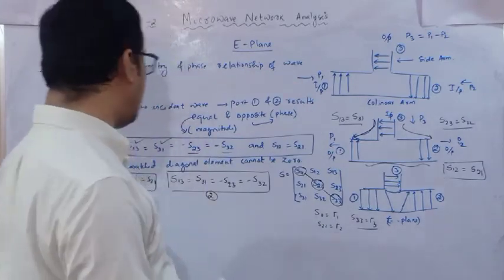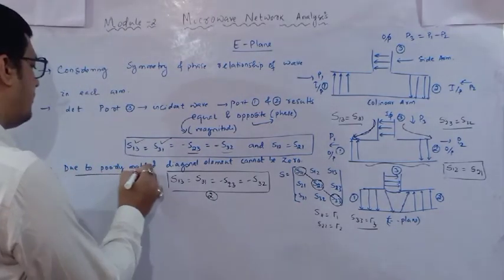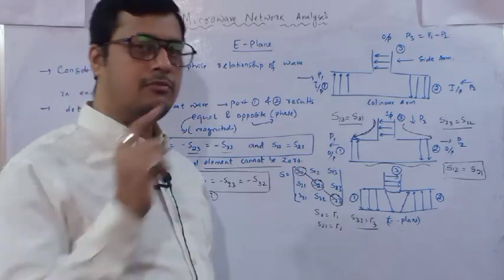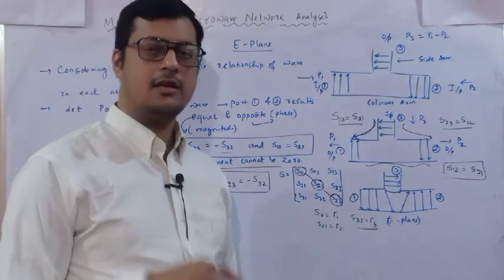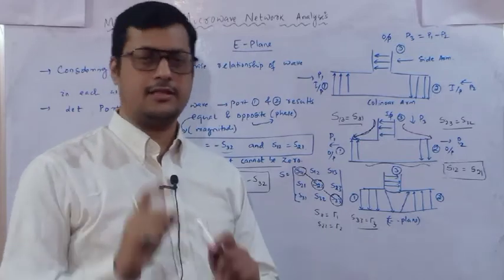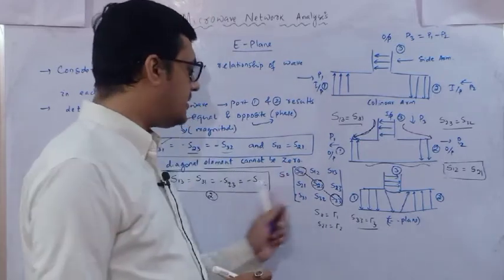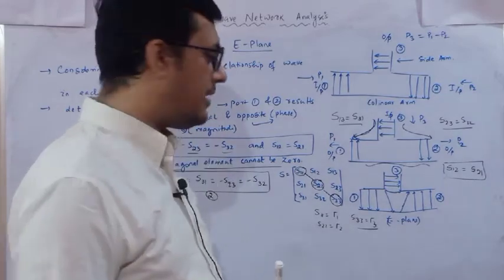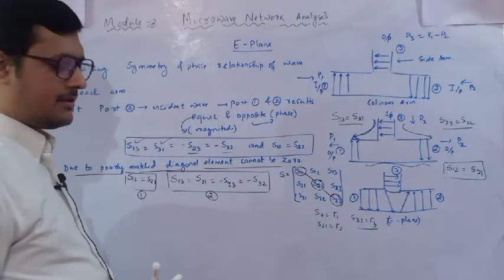So here I have written, due to the poorly matched ports, the diagonal elements cannot be 0. So this is one hint given. These are the two hints. With the help of these two hints, we will proceed. How to determine the scattering parameters.